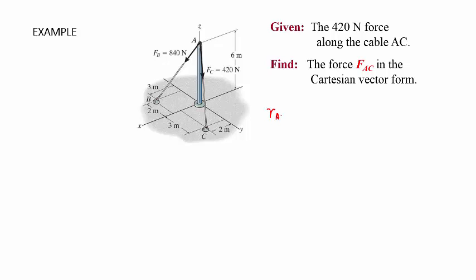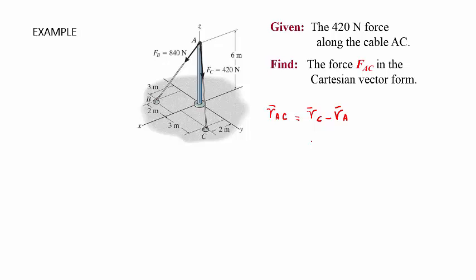So in this case, the force goes from A to C. So the vector A to C would be vector C minus vector A. And what we need to do is to find these coordinates, so that then we can mention specifically what is the vector.